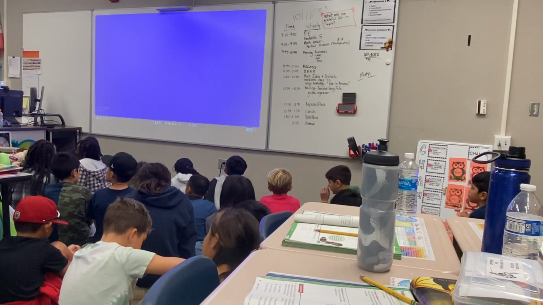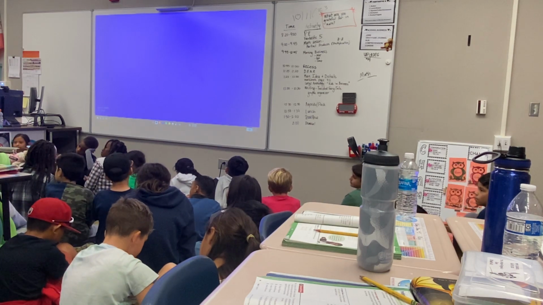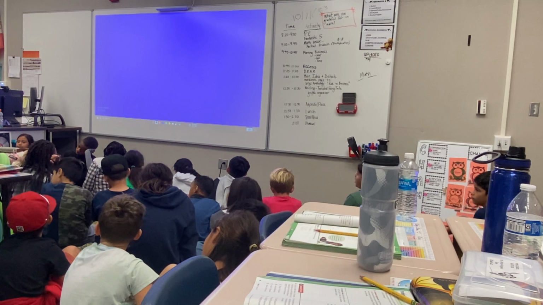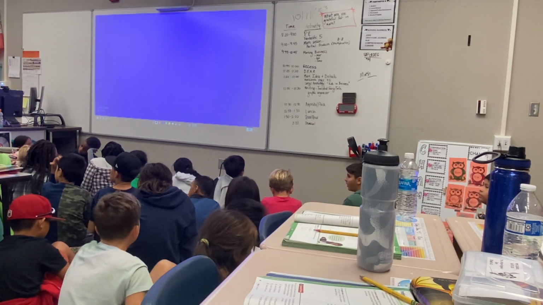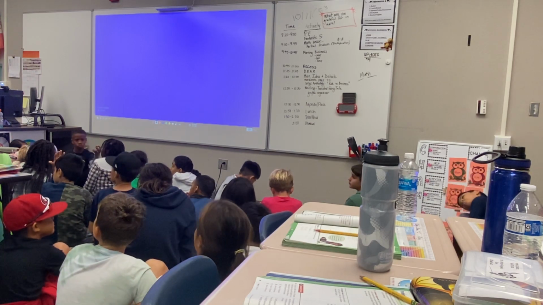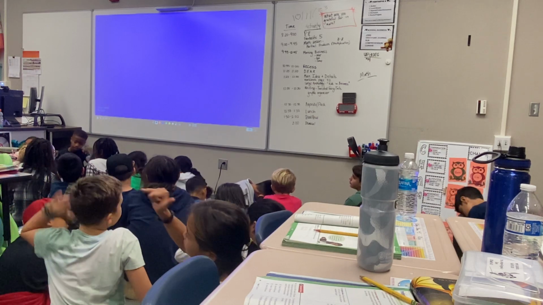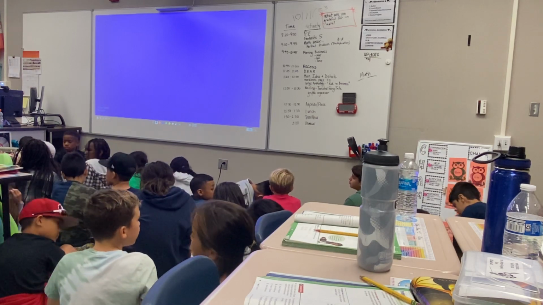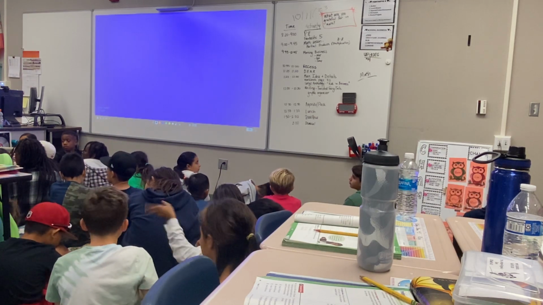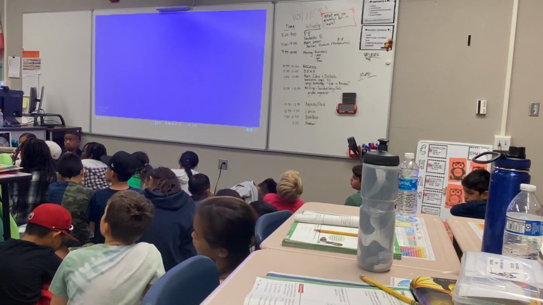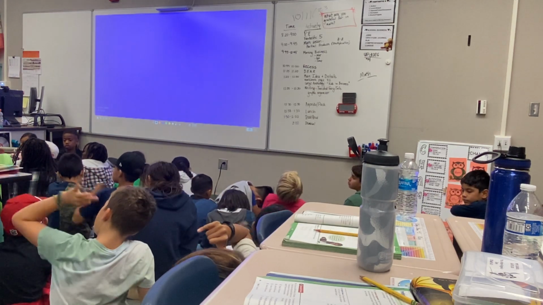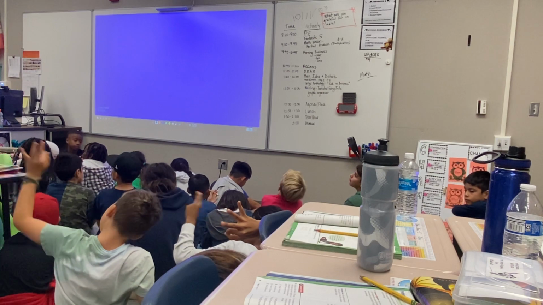Okay, so while we are waiting for the computer to start again, our problem was 18 times 6, right? Some of you decided to add 18 6 times, which isn't wrong, but we're gonna be working on our multiplication.